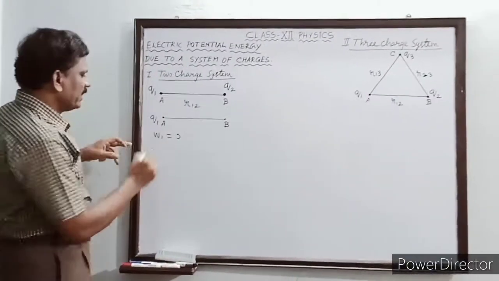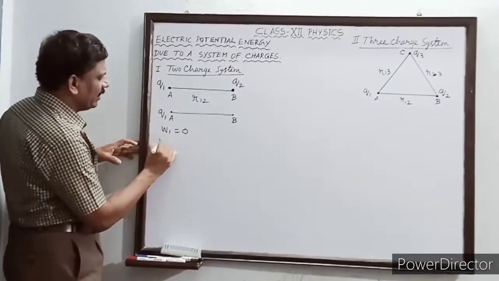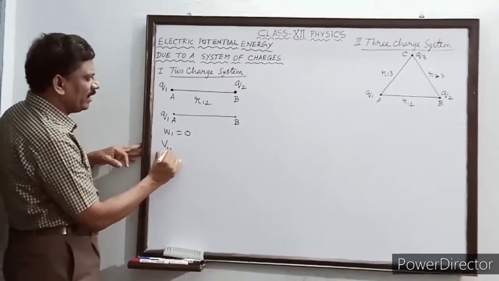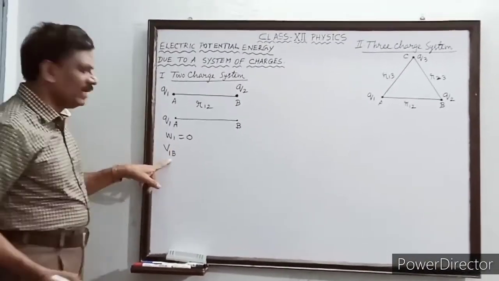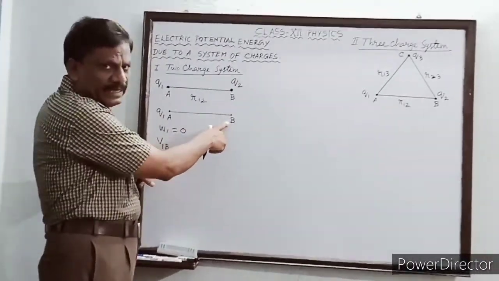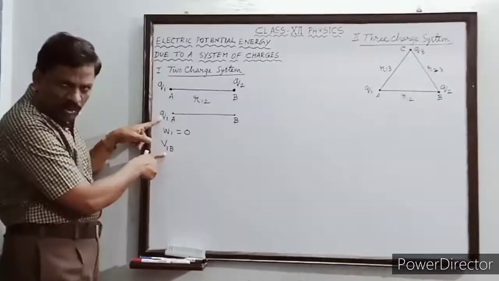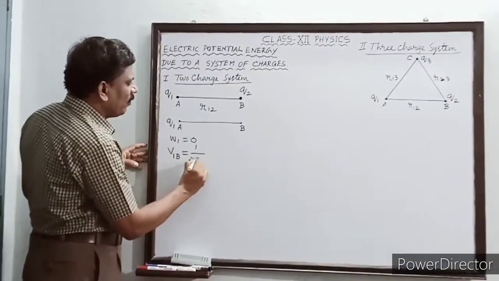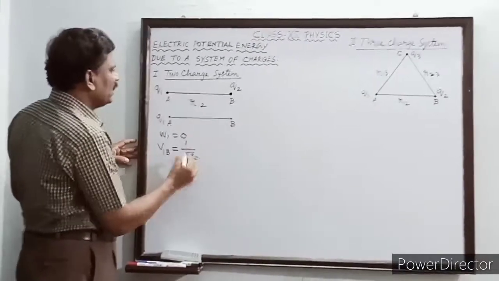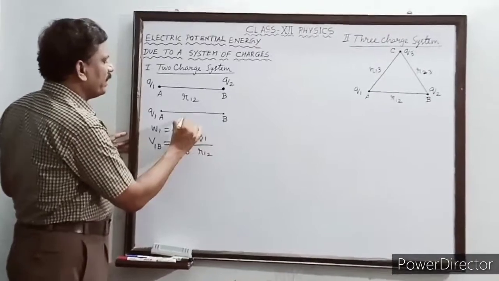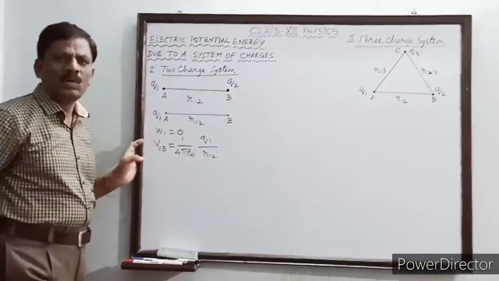So that potential V at this point B due to the first charge, V1B, means the potential at the point B due to the first charge Q1, and this is equal to what? 1 by 4 pi epsilon naught into Q1 divided by R12, because this distance is R12.